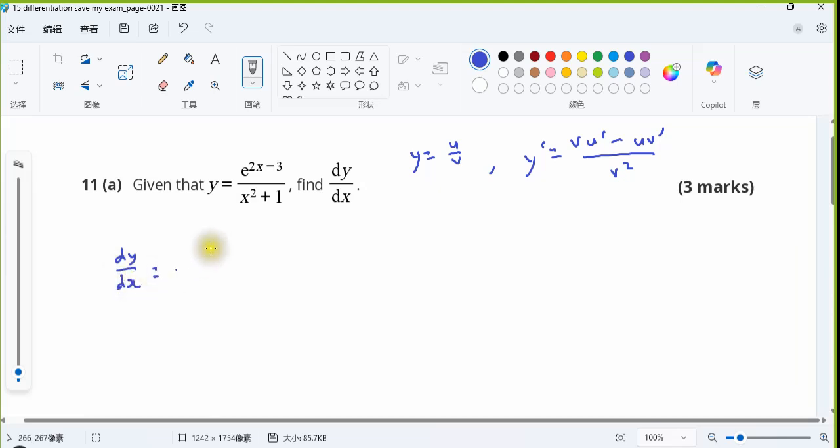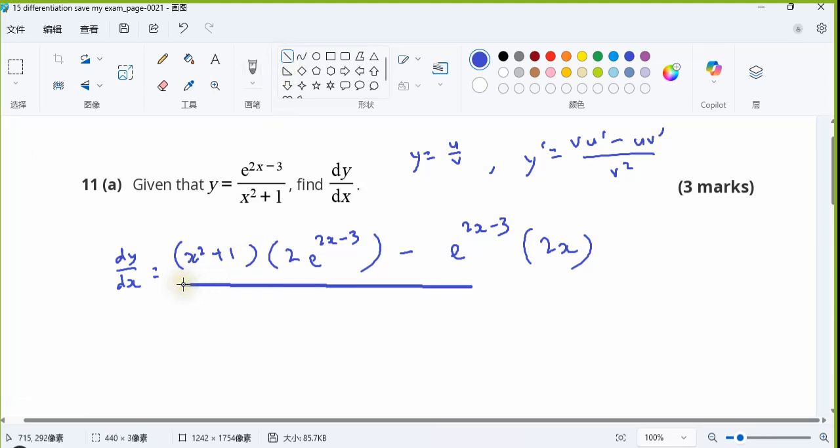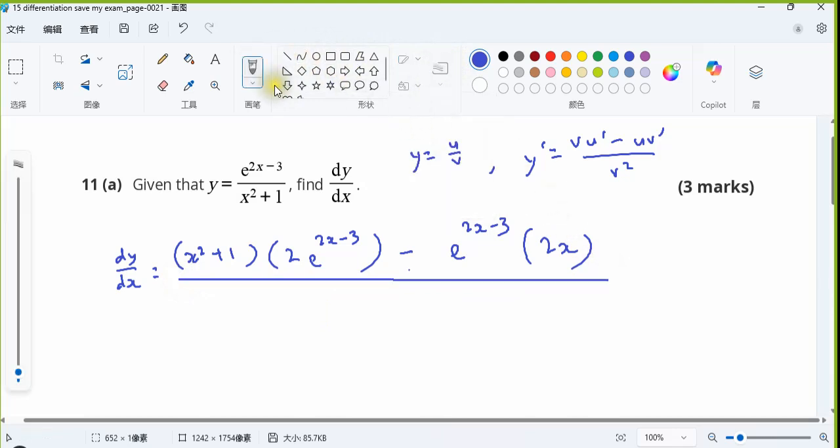So dy dx will be the x squared plus 1 and then 2 e to the 2x minus 3, minus e to the 2x minus 3 times 2x, and then over, okay, this one over the x squared plus 1 square.